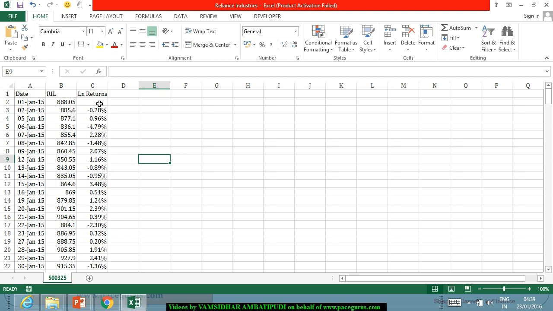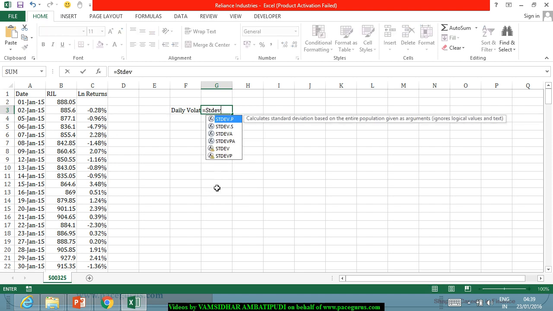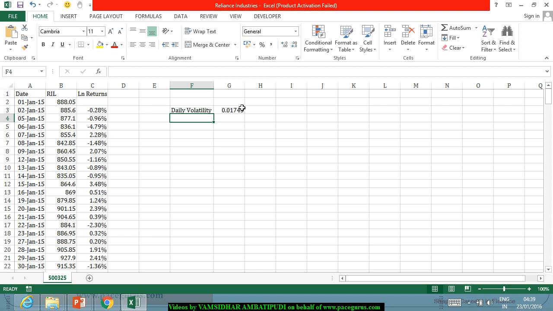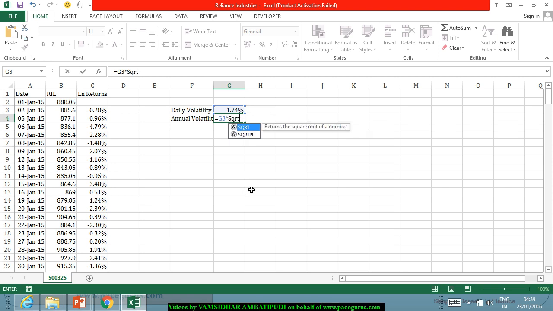I'm also taking the standard deviation because I'll take the volatility. So the daily volatility comes out through the STDEV, the sample standard deviation, working out to around 1.74%. From here I convert to annual volatility, which is the daily volatility multiplied by the square root of the number of trading days.